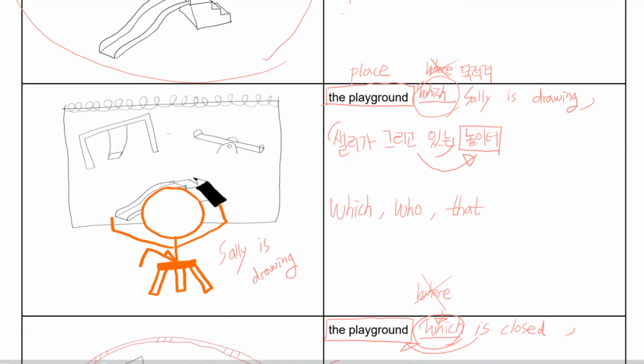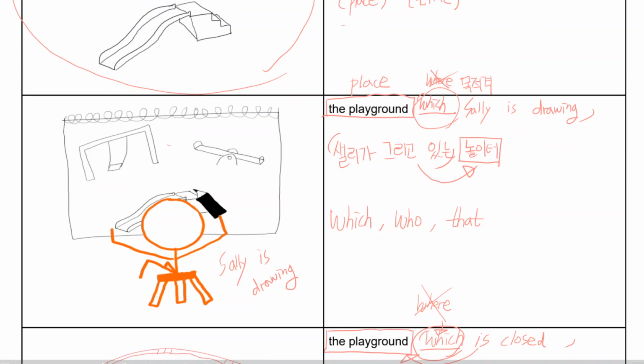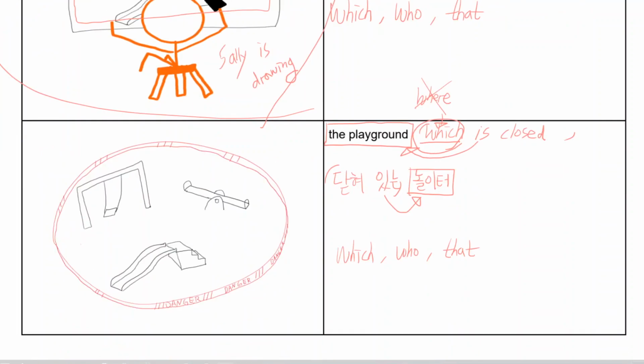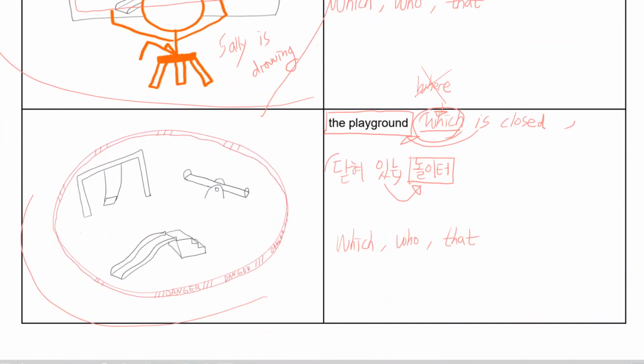So 목적격 is used in this type of situation where a person or a thing is doing something to the noun, right? Doing something to the noun. At this time, it is drawing the playground, right? So it is 목적격. The last situation is called 주격.